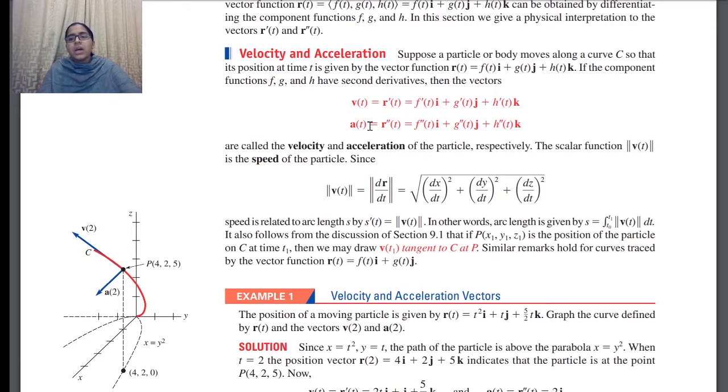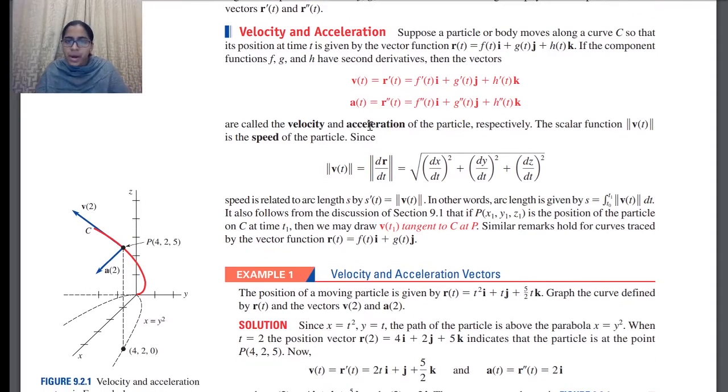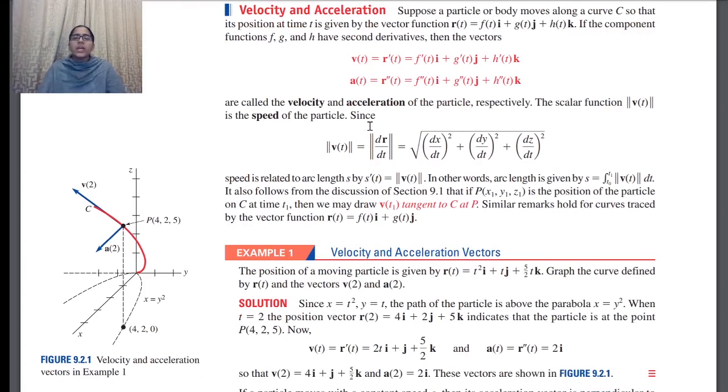What will be the magnitude of this vector? The magnitude of this vector is called the speed of the particle. So we have now defined three words: one is the velocity, next is the acceleration, and the other one is the speed.